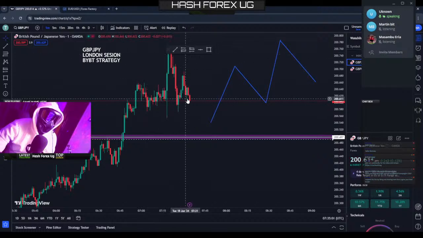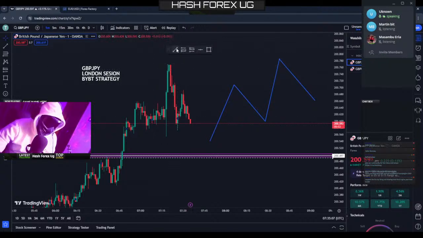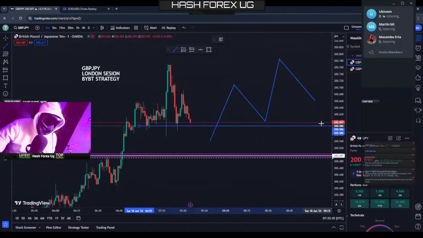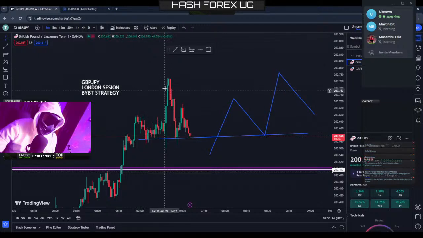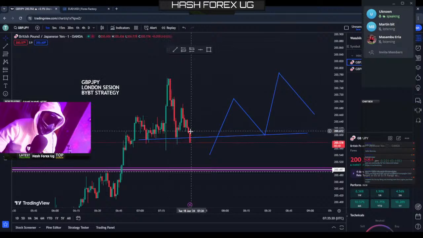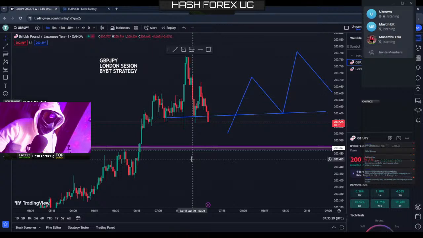So if it is going to continue upwards, we need to see it still respecting this low, because it has already created a new high. Right after creating a new high here, we're not expecting it to break these lows. If it breaks, then it has broken this uptrend.